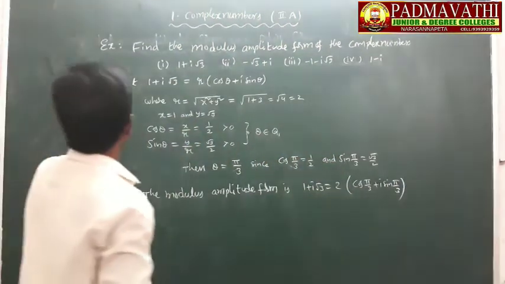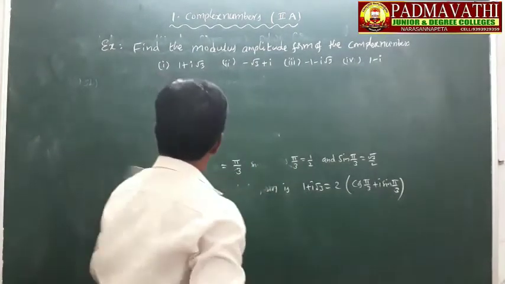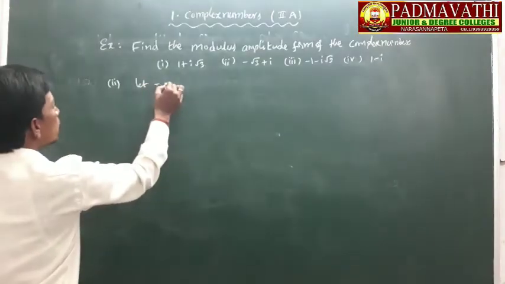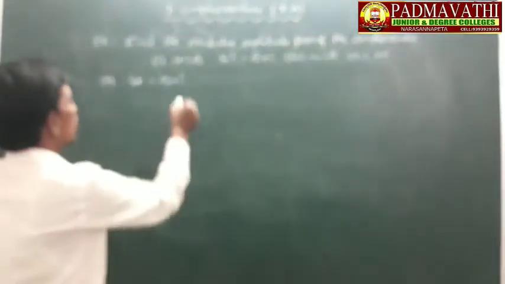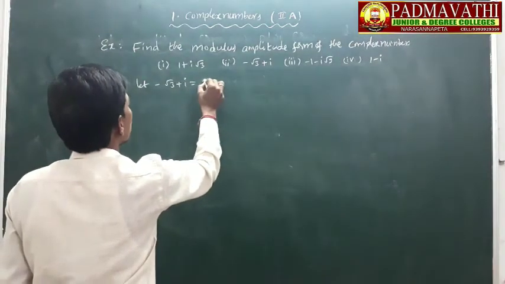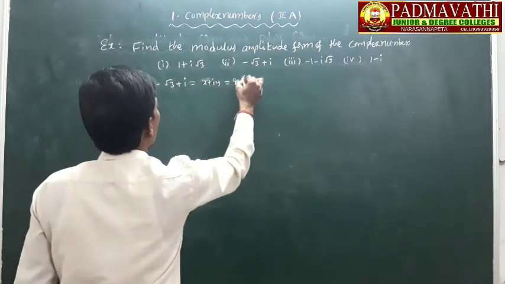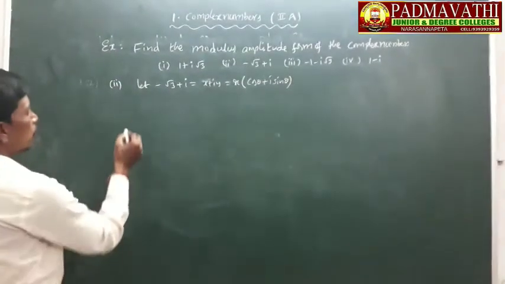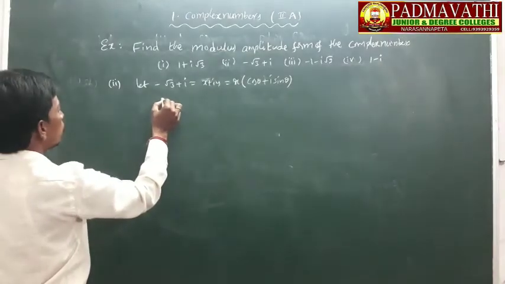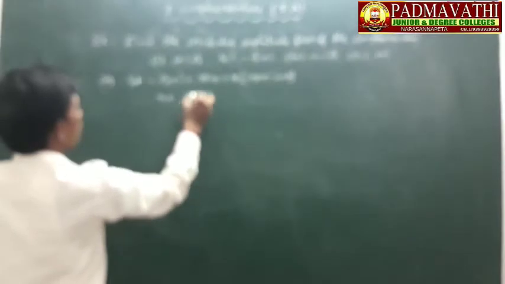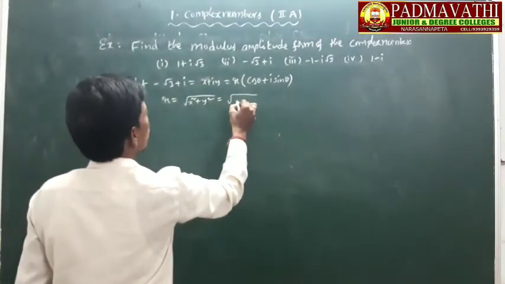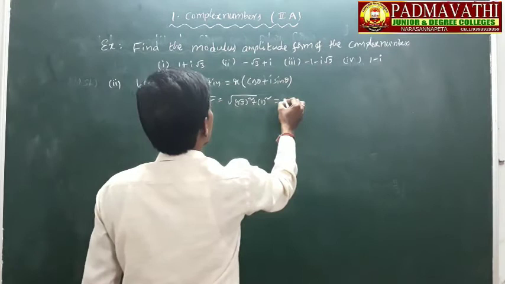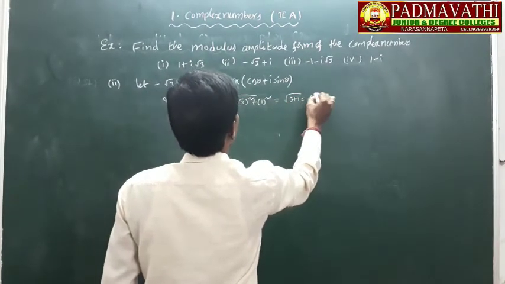Now the second one is: let minus root 3 plus i equal to x plus iy, that equal to r into cos theta plus i sin theta, where r equal to square root of x square plus y square, that is root of minus root 3 square plus 1 square, that equal to root of 3 plus 1, that equal to root 4 equal to 2.